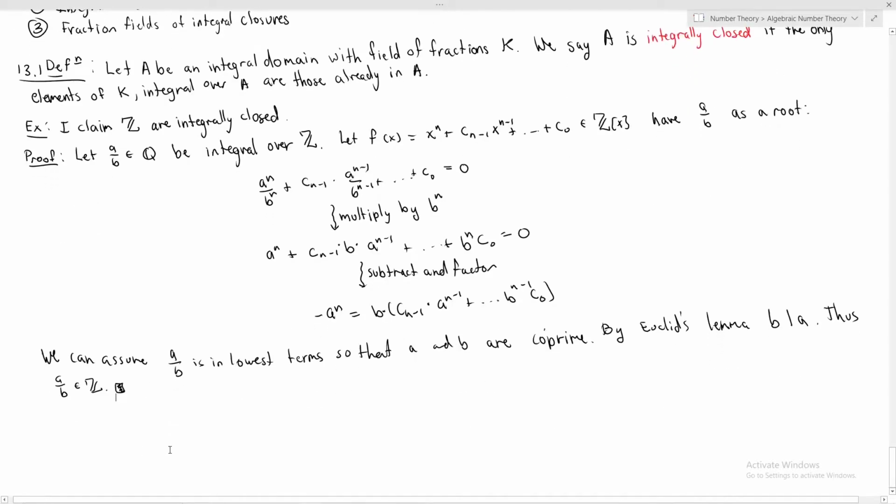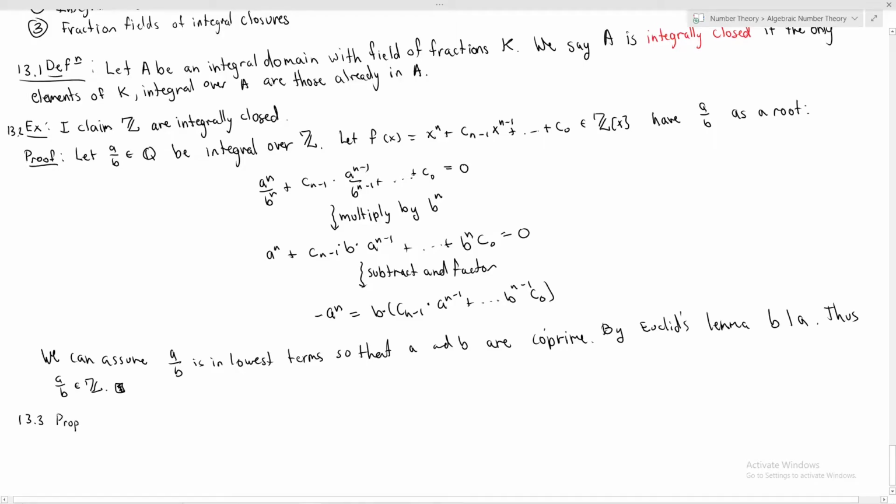Okay. So Z is integrally closed, I should label this, sorry. Z is necessarily integrally closed. And I'm not going to prove this, but you can think about it for a little bit.